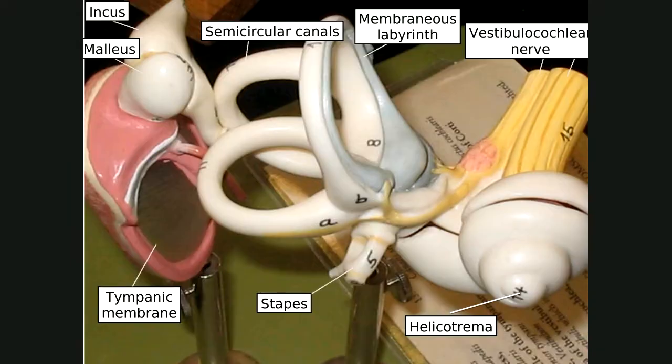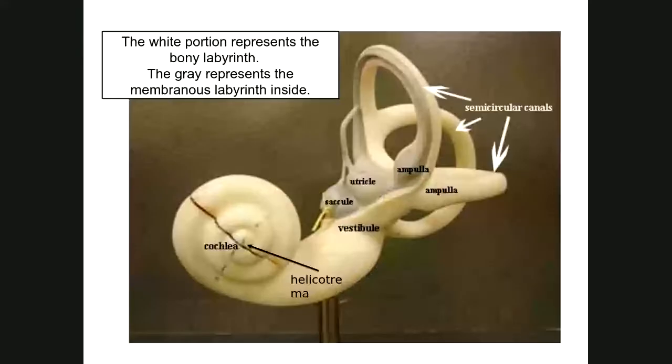There's one other thing we need to pay attention to here. And that is if we look at the semicircular canals, look, they're the same width all the way around until you get right here. So there's an enlarged area on a semicircular canal, and all three of them have one of these enlarged areas. The enlarged areas are called the ampulla. So here's an ampulla.